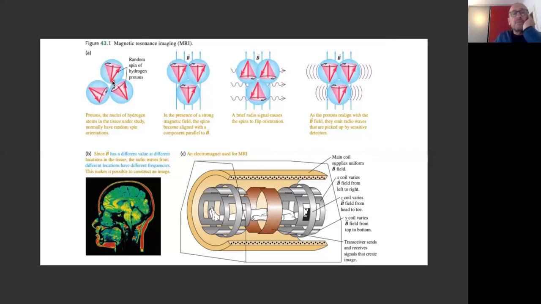Okay? Then what you do is you just put a strong magnetic field, and these guys are strongly aligned. And if you put a radio signal that has the right energy, you can actually flip the spin.